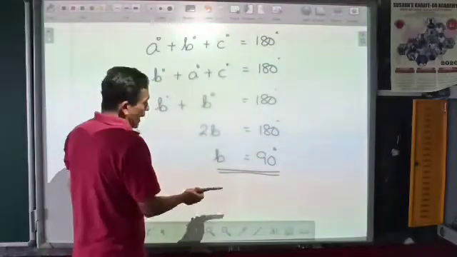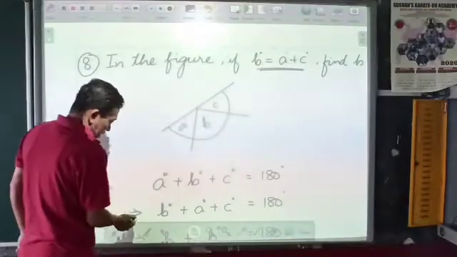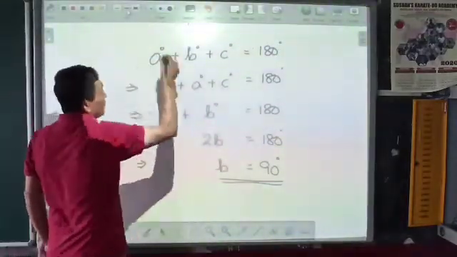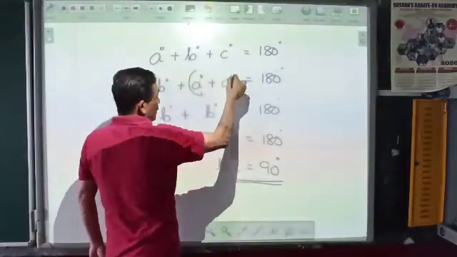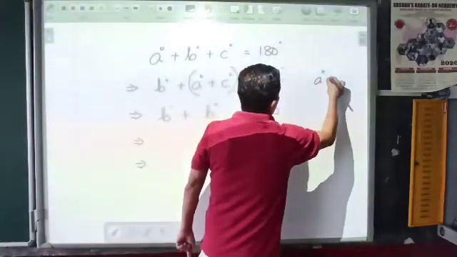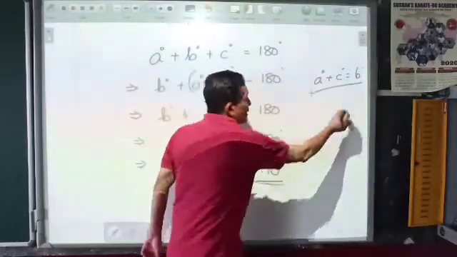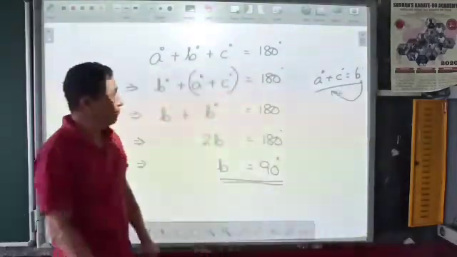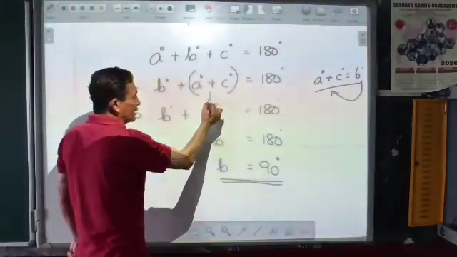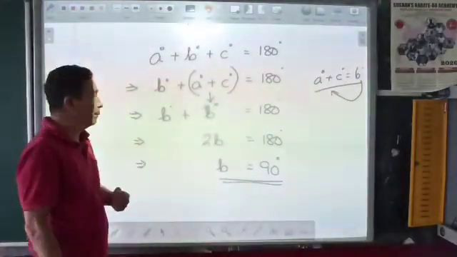Now from the question, I understand that B is equal to A plus C. So if I look at this part of the sum, A plus C. Now I know that A degrees plus C degrees is equal to B degrees, because in the question they are saying B is equal to A plus C. So instead of writing it as A degree plus C degree, I will convert that and write it as B degree, so that I get similar variables again.